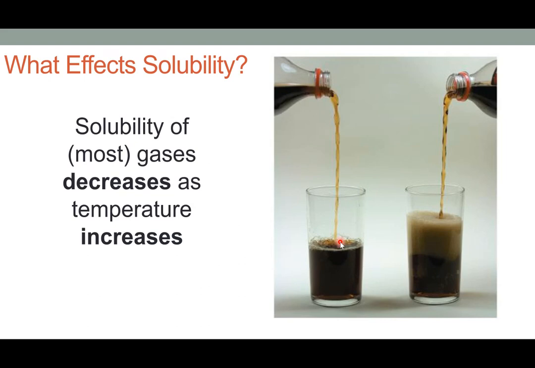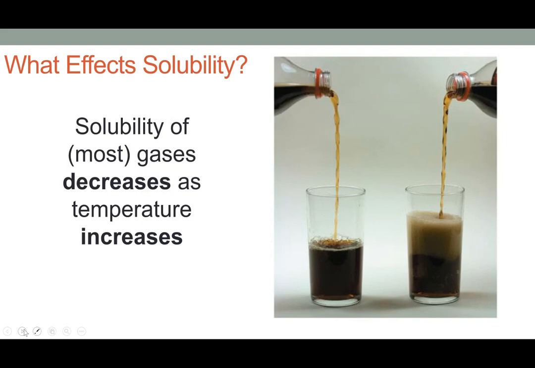If we allow tap lines or sodas to be warm when we pour them, what we'll see is lots and lots of bubbles on the top of our drink, and that's not what we want. We want it dissolved in our drink. So cold tap lines, the gas stays dissolved in solution. Warm tap lines, we get lots of bubbles on the top. So that's solubility and temperature.